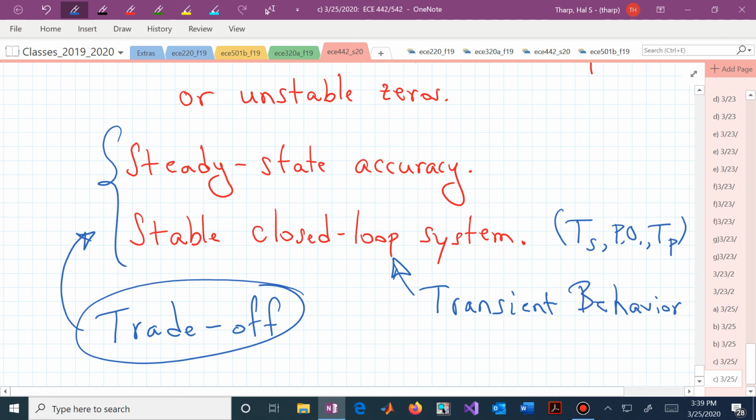And that might be, how does your system respond to excitations? How does it settle? What's the percent overshoot? How quickly does it get to its final value, or its peak time? So we're always going to be worrying about this trade-off between steady state accuracy and transient behavior.